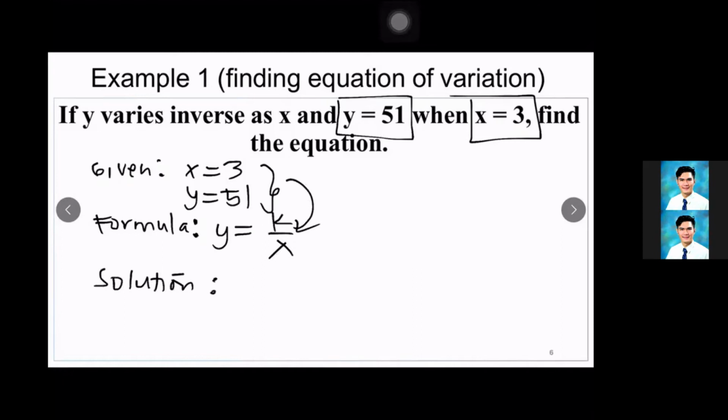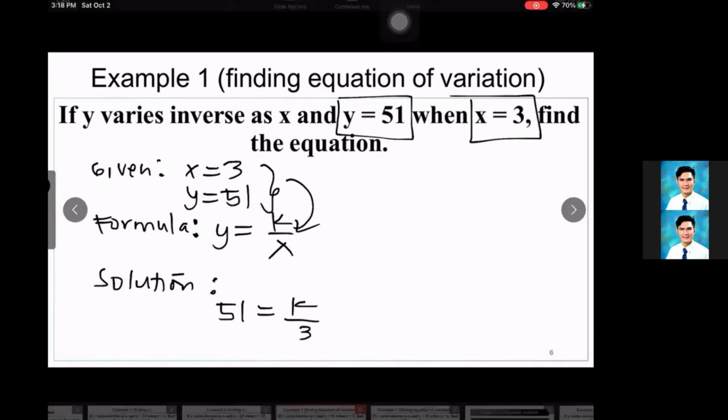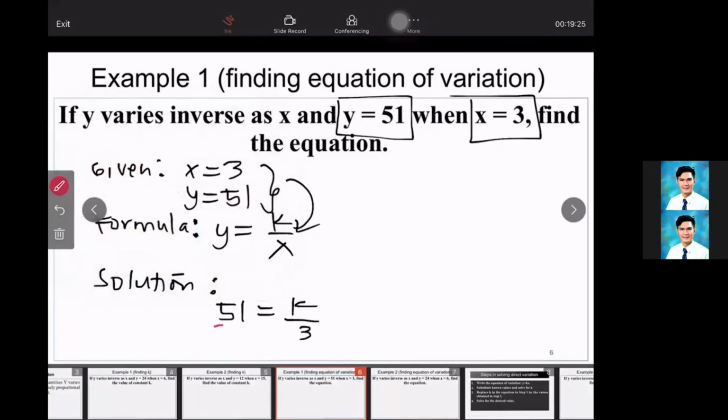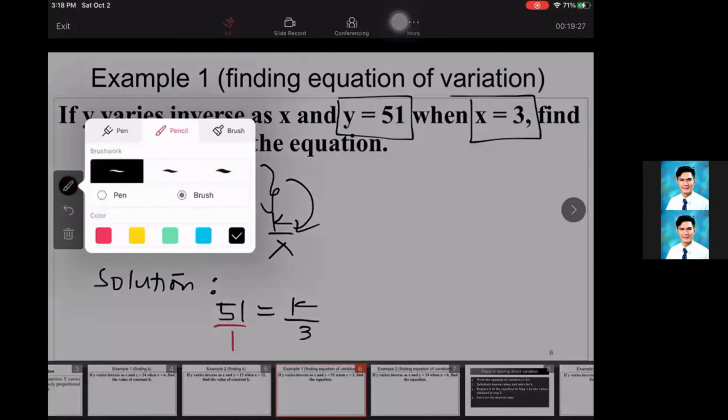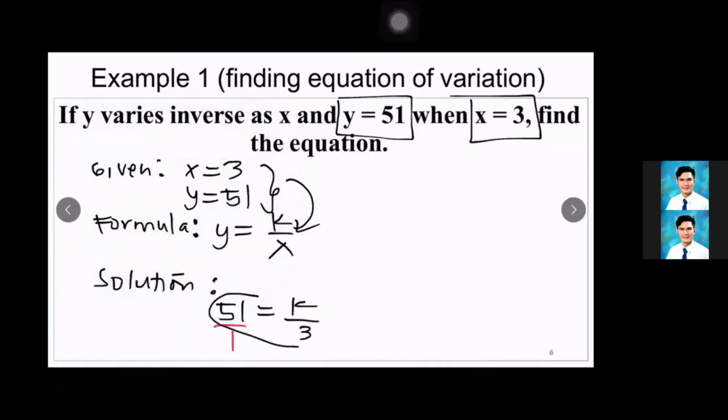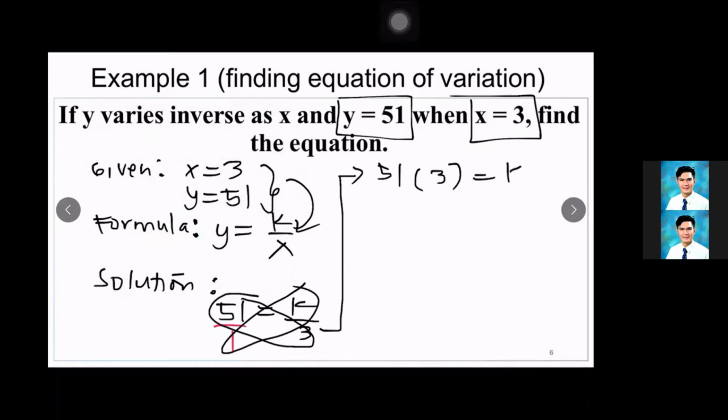We have y is 51 equals k over 3, which is x. Writing the imaginary 1 for 51 for us to use cross multiplication. So 51 times 3 and 1 times k. It will become 51 times 3 equals k multiplied by 1.